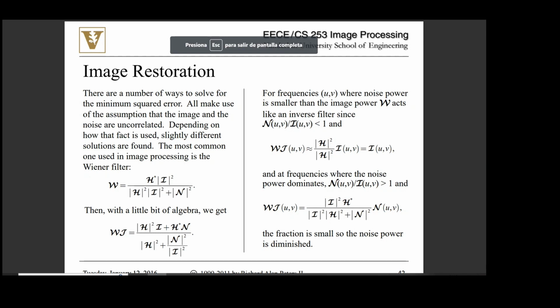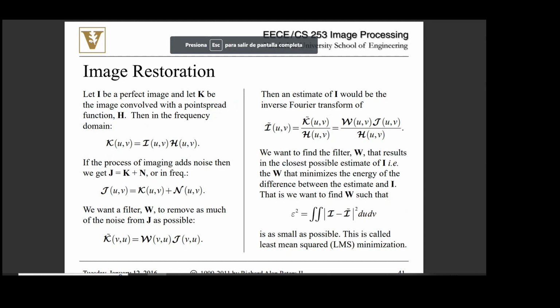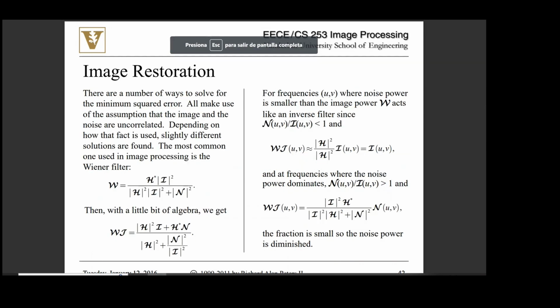So now, if that is my filter, you take your observed image J and estimate K. K was the convolution of I and H. So you will estimate K by taking J, the observation, and filtering with W. And here it is, all this filter times J, and then they have expressed J. Then you approximate, you say, okay, I forget about a few terms.